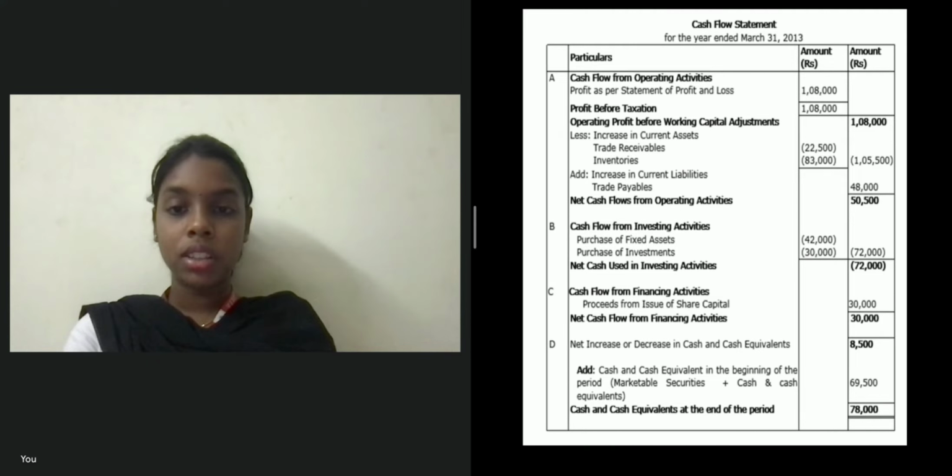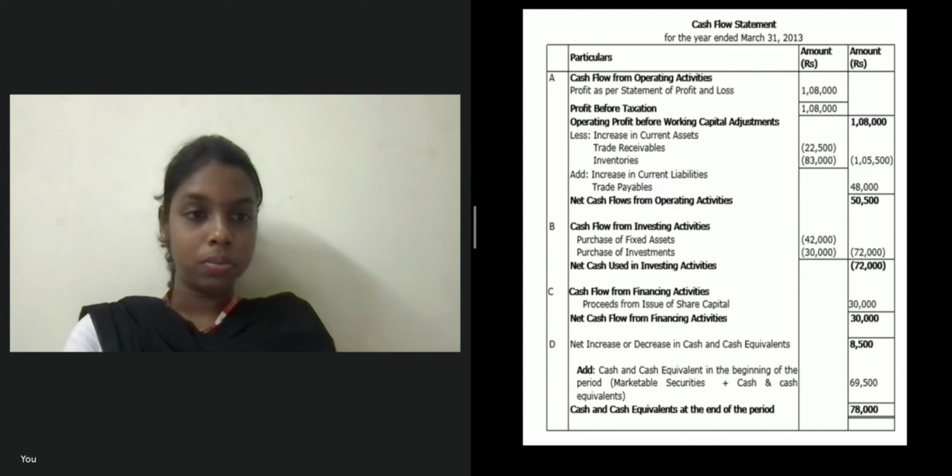Profit before taxation is a measure that looks at a company's profit before the company has to pay any corporate income tax, and it essentially amounts to the company's profits without consideration of any taxes. So 1,08,000 is the profit before taxation.